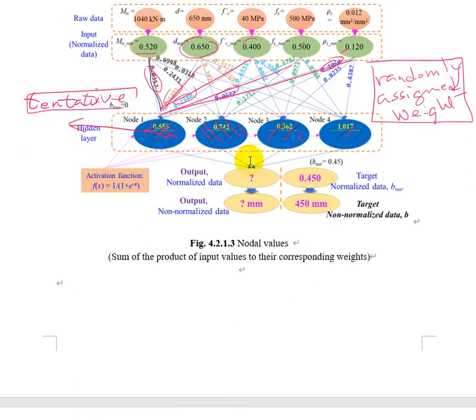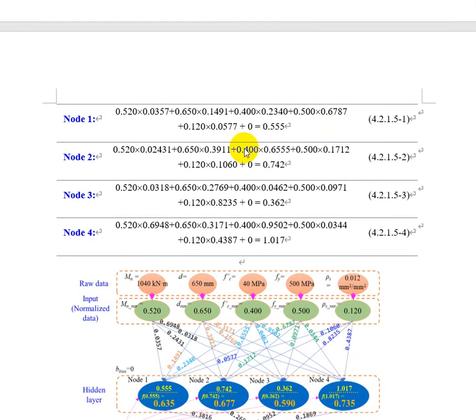If you take a look at the equations here, this is very simple. Node 1, I'm going to put a circle; Node 2 a circle, 3 a circle, and 4 a circle. Here is the previous input layer, the input neurons. When you multiply by the randomly assigned weights, this is how you start your calculation of the temporary or tentative neuron values.